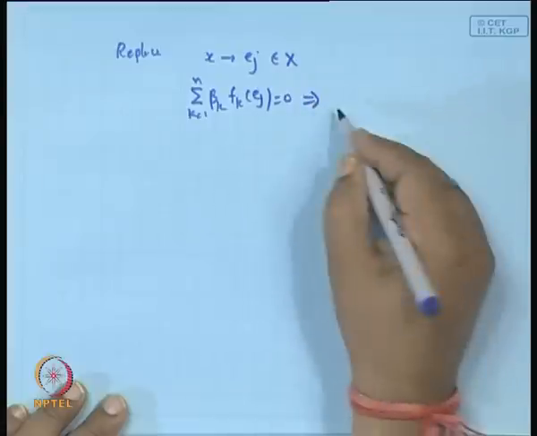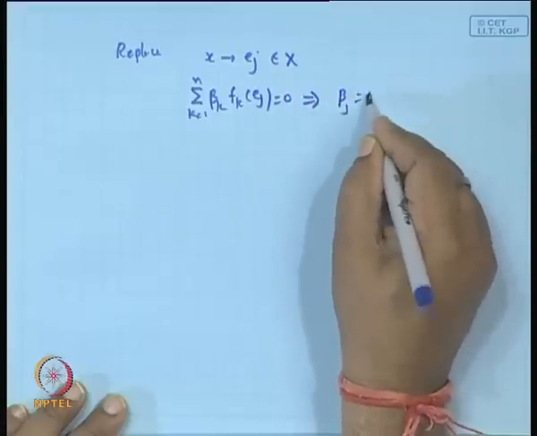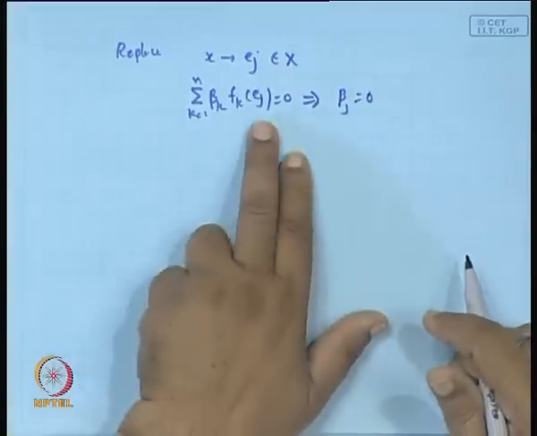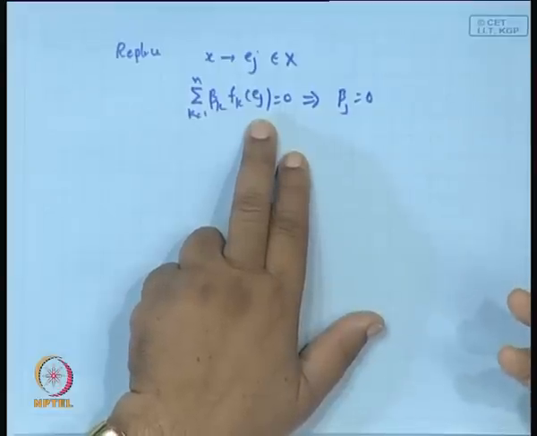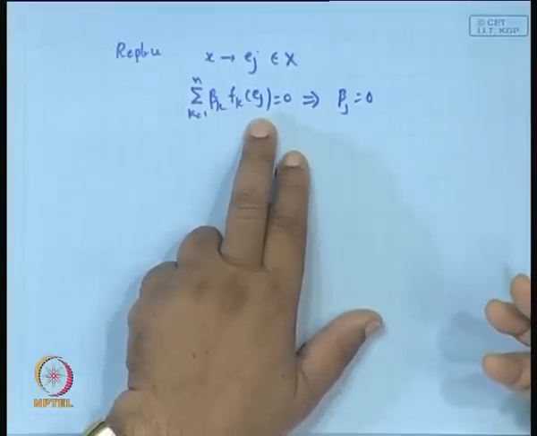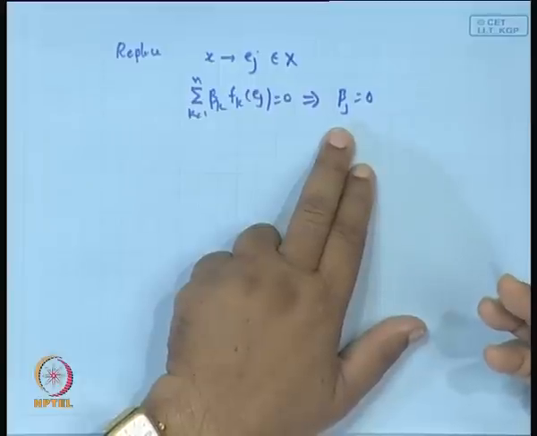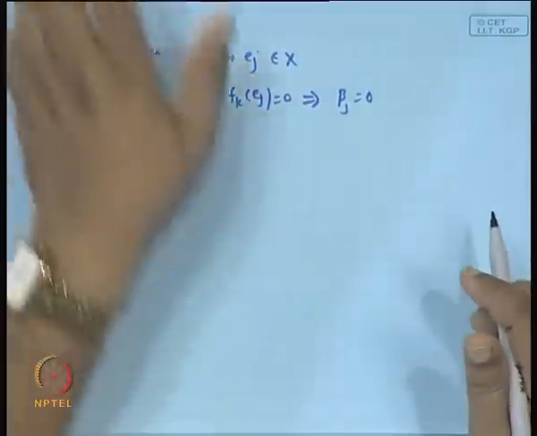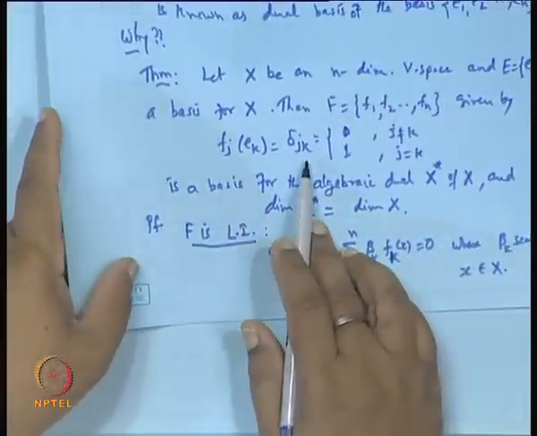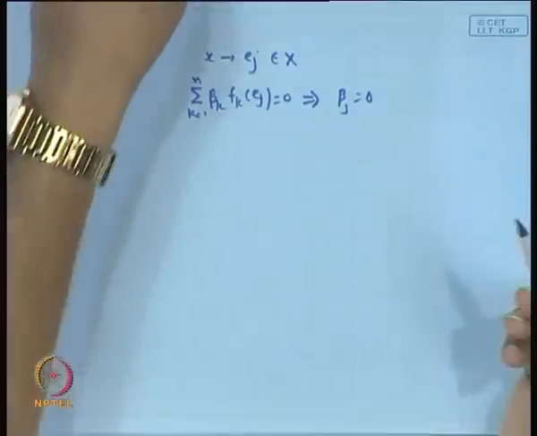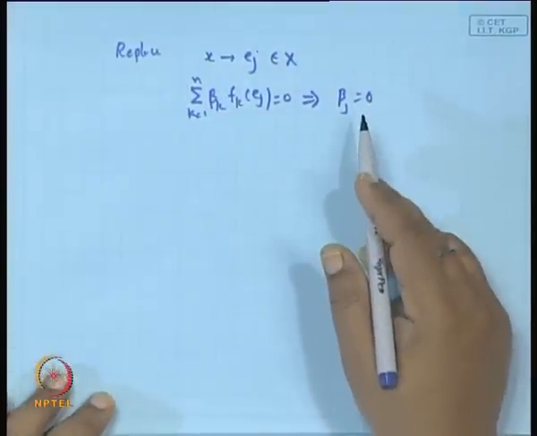This implies that beta j must be 0, because f k Ej will be 1 for k equal to j and the rest will be 0, canonical delta. Because f k Ej is satisfying this condition, f k Ej is delta j k. So, it is 1, otherwise it is 0. So, beta j is 0.